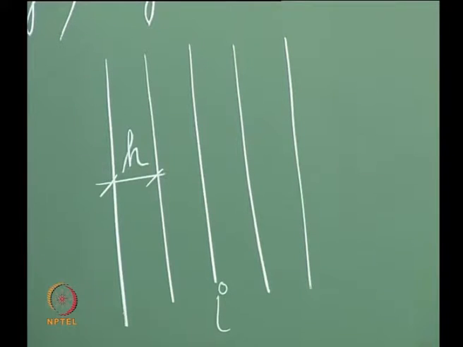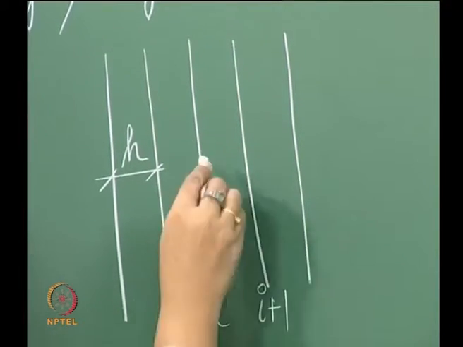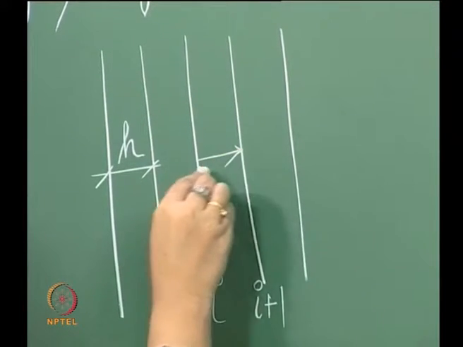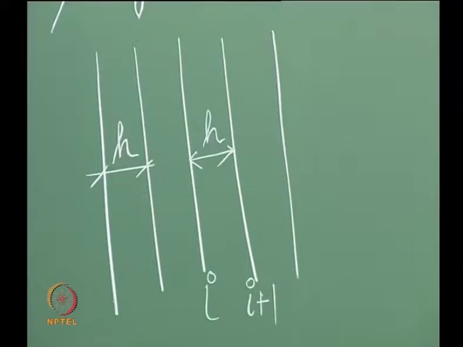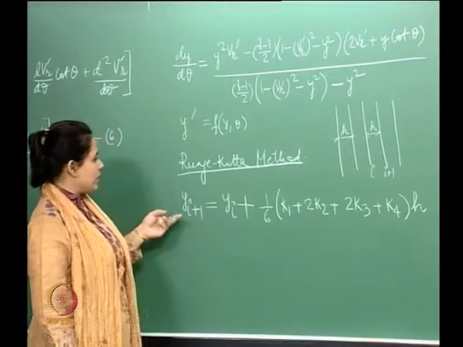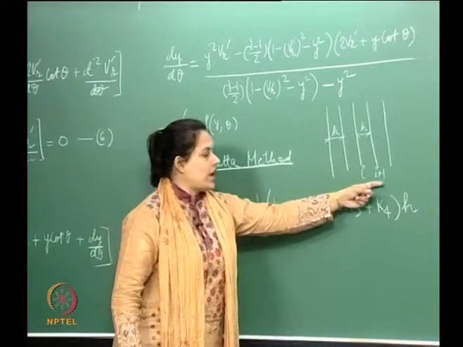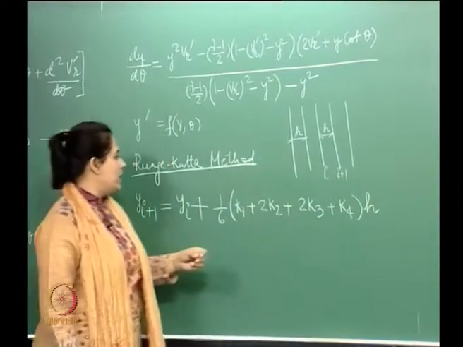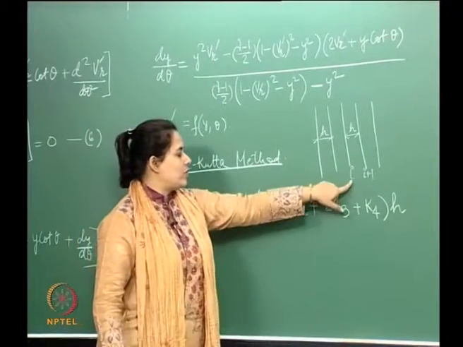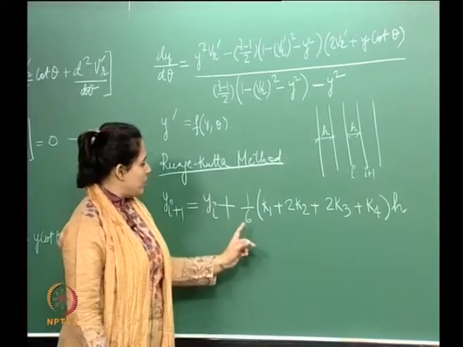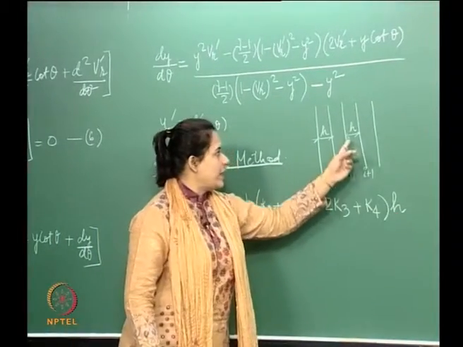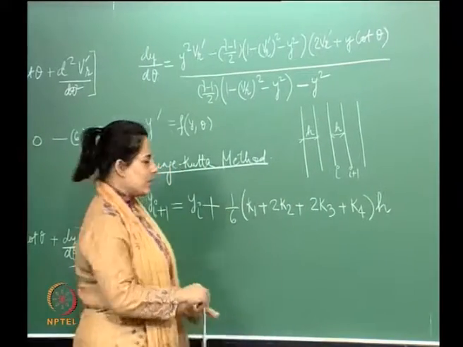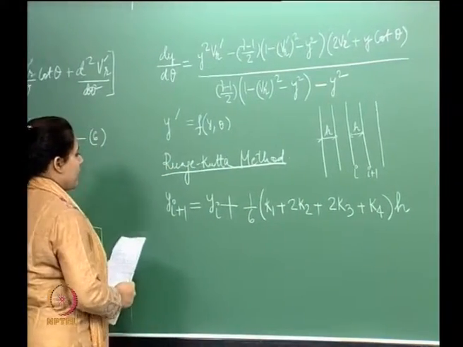This is my point i plus 1, and this is also h. So what I am saying here is that the function value at i plus 1 is equal to the function value at i plus this, and h is the discretized space length.